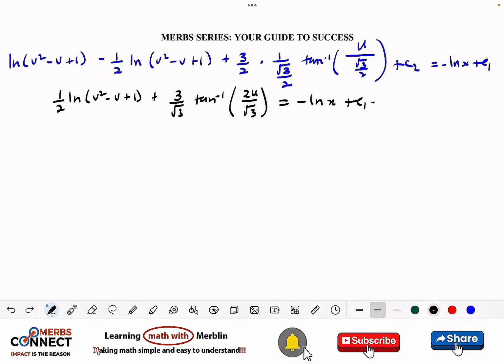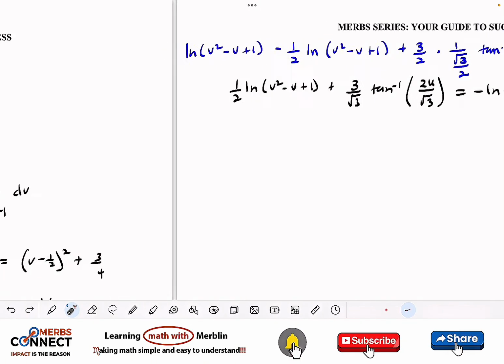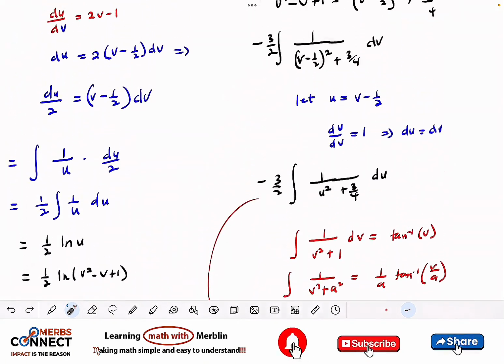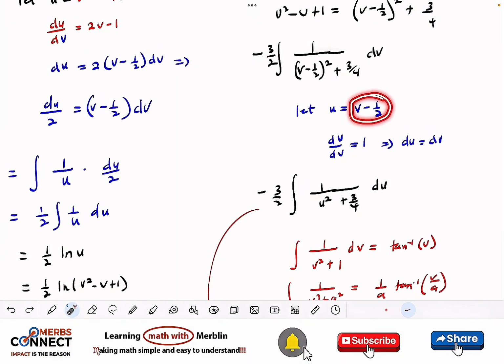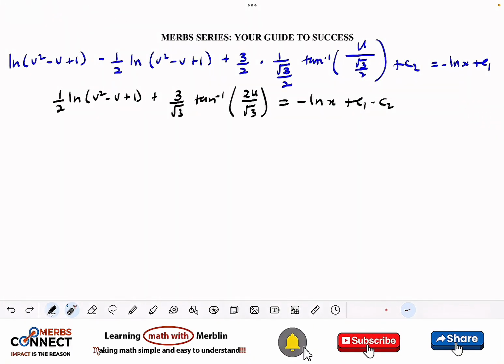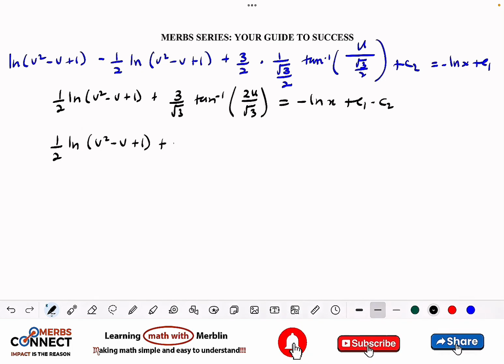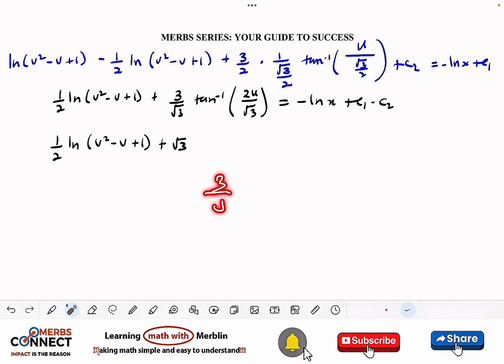plus C1 minus C2. Now we know U, right? What was U? U is equal to this, Vn minus half. So let's plug it in. 1 divided by 2 ln of Vn squared minus Vn plus 1 plus this one can be written as, I think this is the same as that, because 3 divided by this multiplied by this multiplied by this.